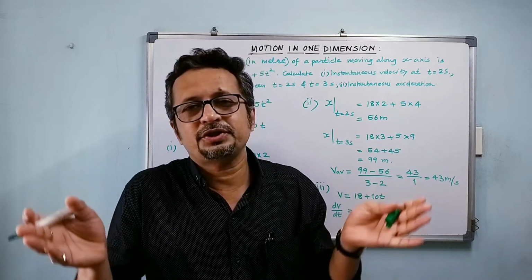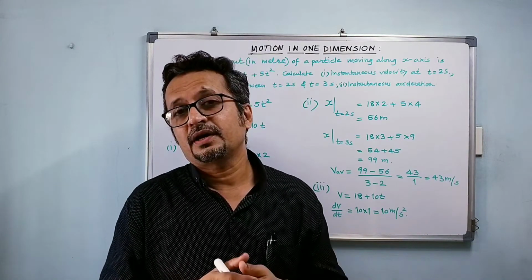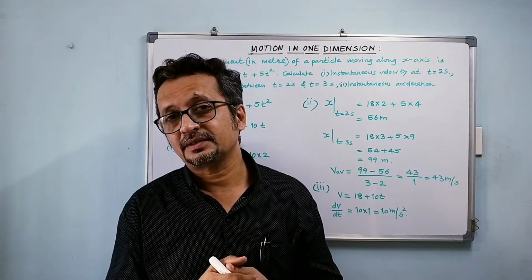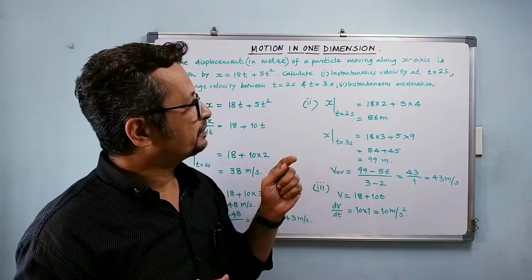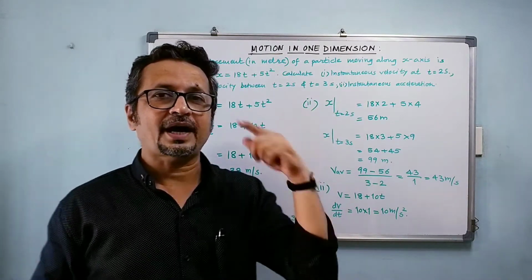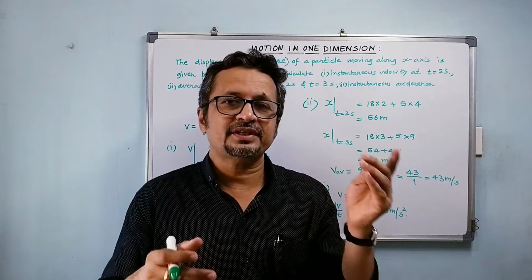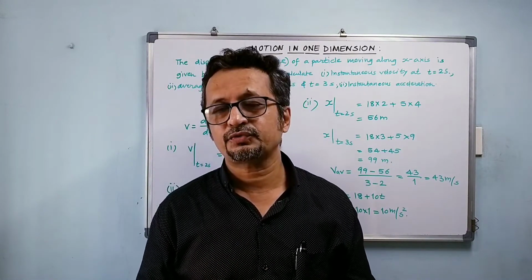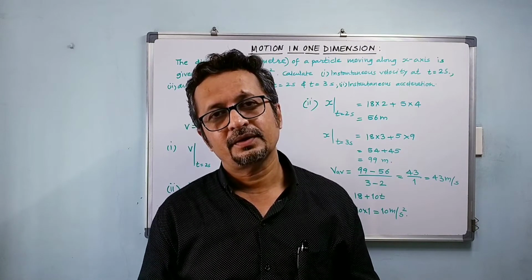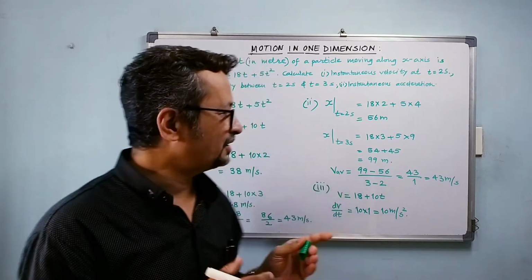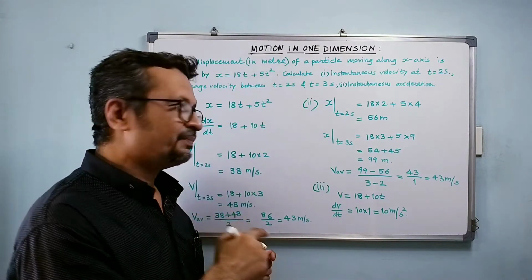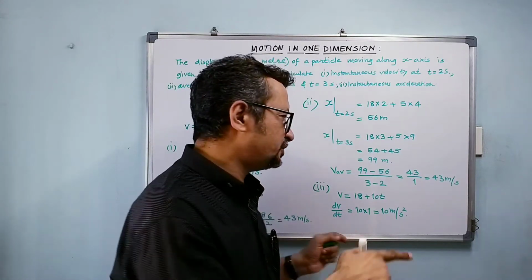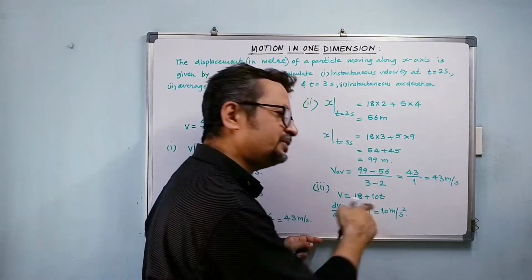So no need to specify any particular value of time. Now suppose they had asked for instantaneous acceleration at t equals 10 seconds. What would you do? You could do the same thing: differentiate velocity, and you would get acceleration equal to 10.